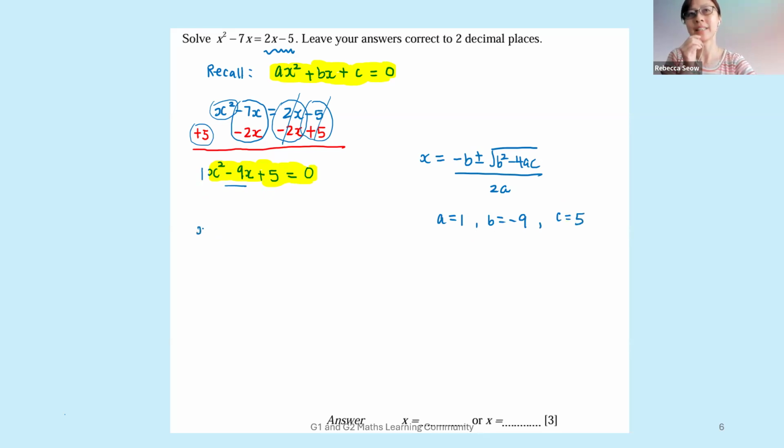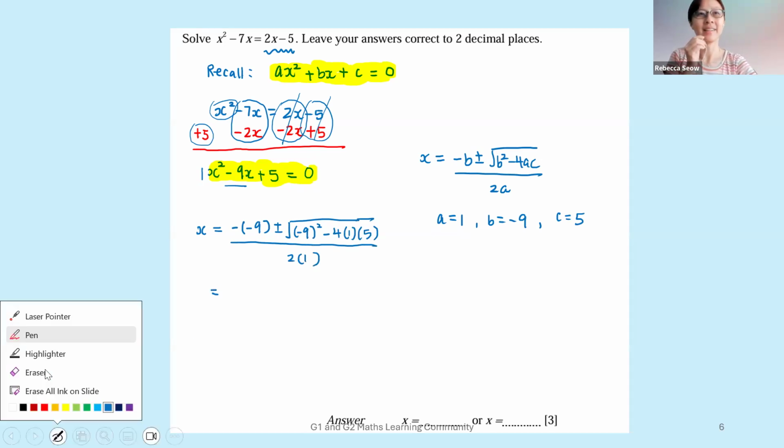Now, finally, the value of x, let's substitute the values in. Negative b plus minus square root of b squared minus 4ac, out of 2a.